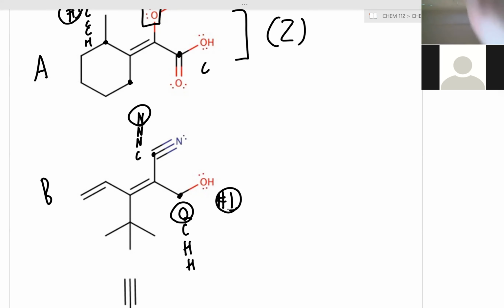A lot of these somewhat tricky alkene geometry questions are really testing your ability to assign priority groups in order of highest to lowest priority. Okay, so we are completely correct that the alcohol is higher priority.